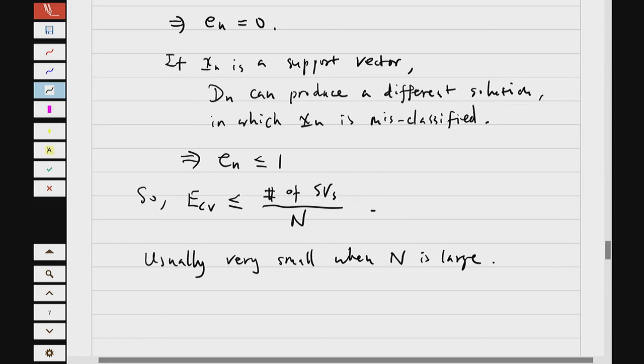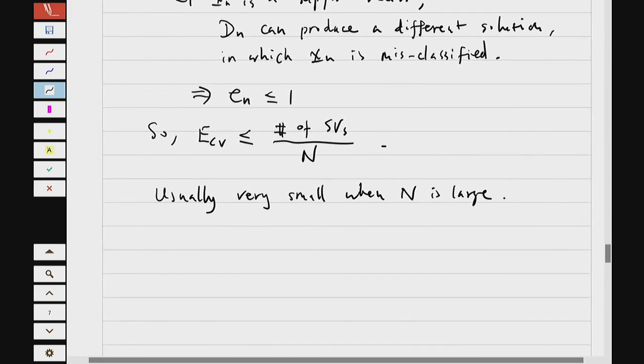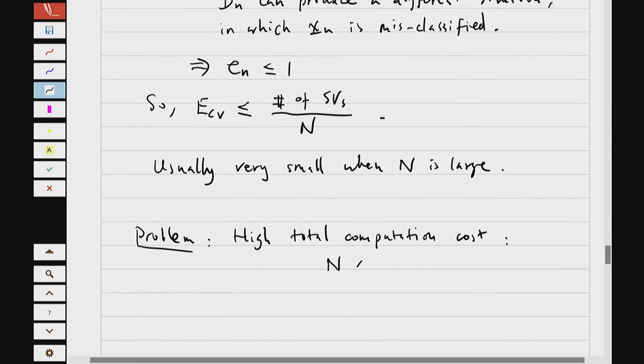Okay? So what is the solution? The one solution is so-called V-fold cross-validation. So let me write it down. The problem is the high total computation, because we have to do n times training.